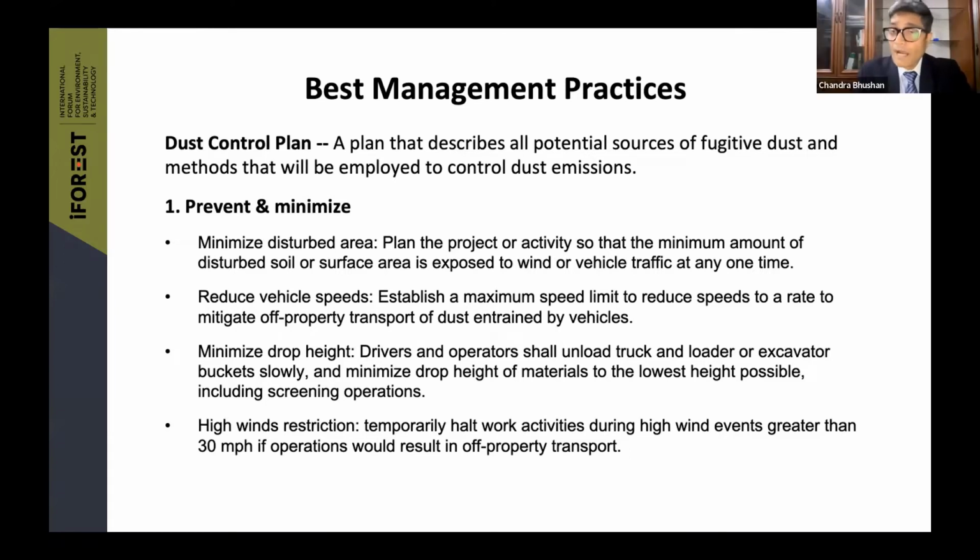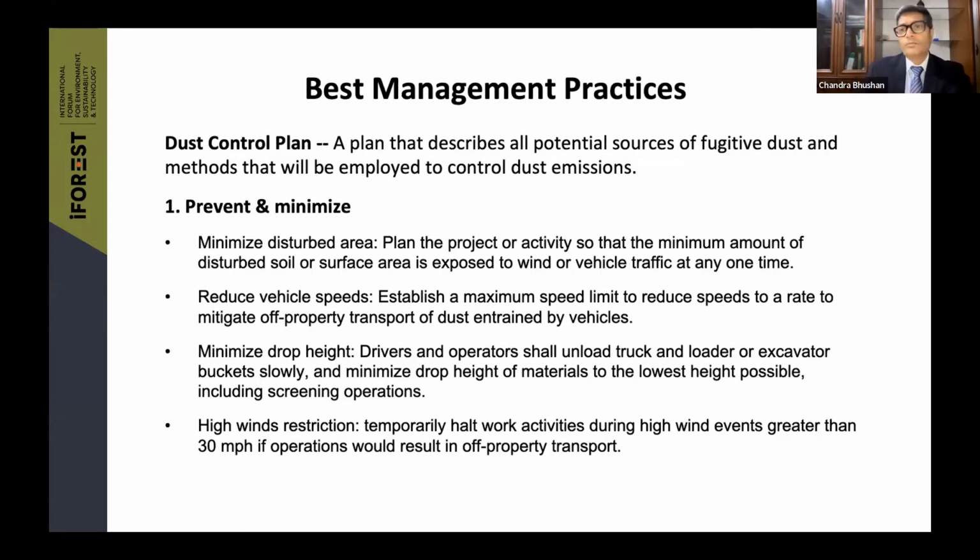minimize your drop height, which is, if we are looking at material collection, material dumping, then drop height is very important. If you can minimize the drop height, less dust will be generated.